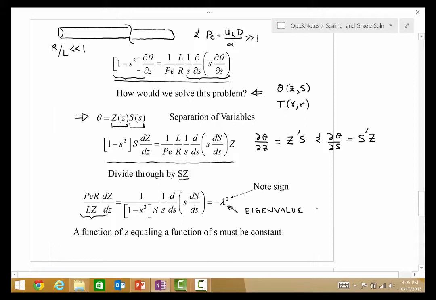So lambda is the eigenvalue, lambda squared is this coefficient that we're using over there. We note that the sign is negative, and the reason for that negative sign is we want oscillating functions in the s direction, and it'll also give us an exponential decay in the axial direction.